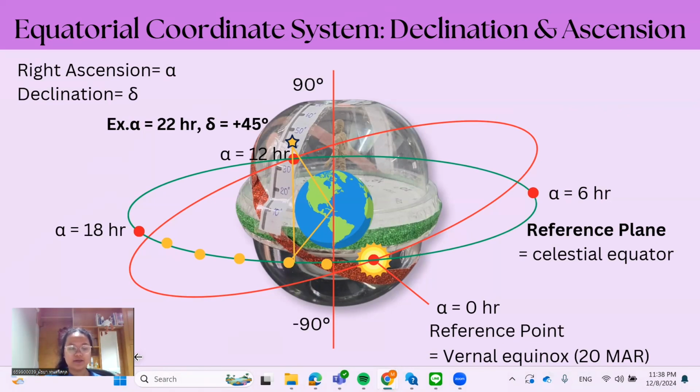For declination, the reference plane is the celestial equator, so that position is 0 degrees. And the other variable is right ascension.